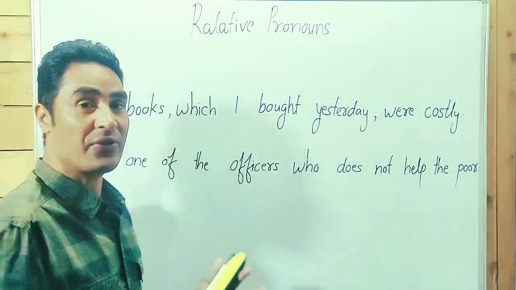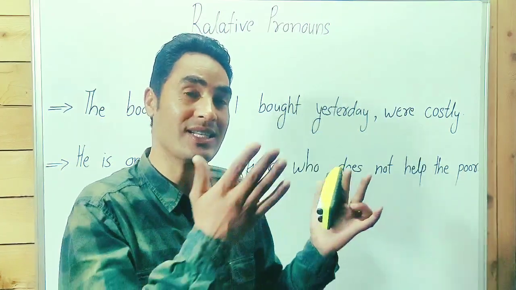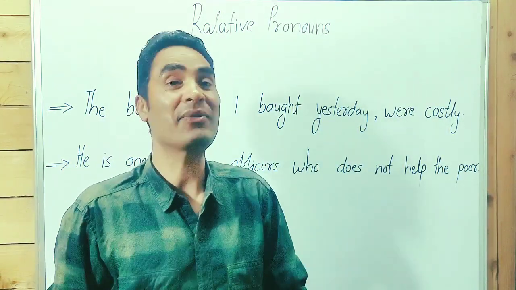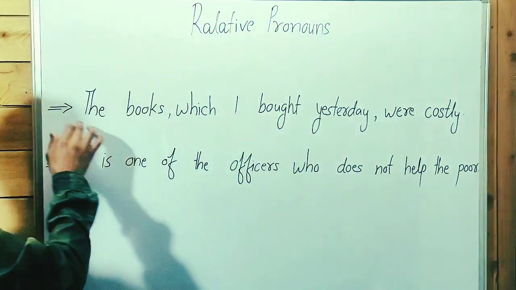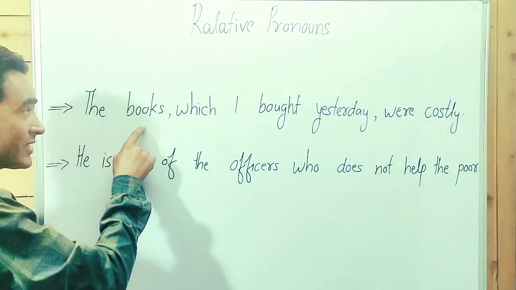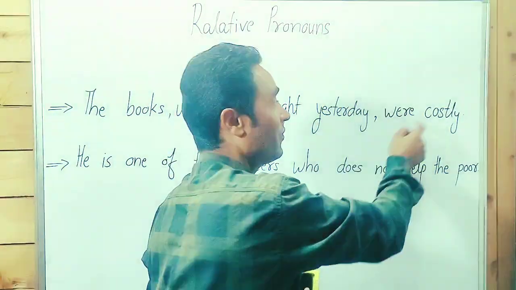If you are confused about what a relative pronoun is, what an antecedent is, or what a relative clause is, let me explain with the help of these two sentences. The books which I bought yesterday were costly.